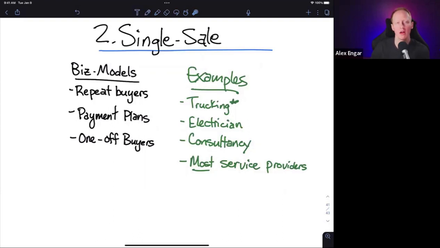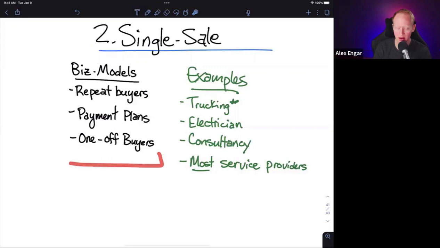So we wouldn't call that recurring revenue necessarily. You might even have a business where you have a payment plan, right? So our business technically falls into this single sale, a little bit of recurring too, but technically a payment plan would still be a single sale because it's a one-time purchase that they've just stretched out over a period of time.